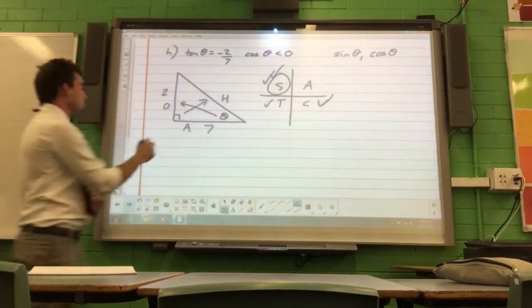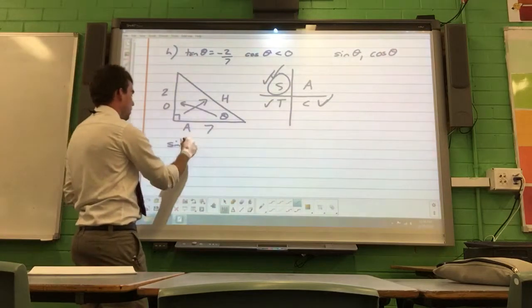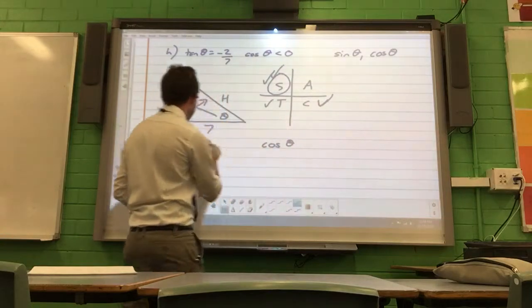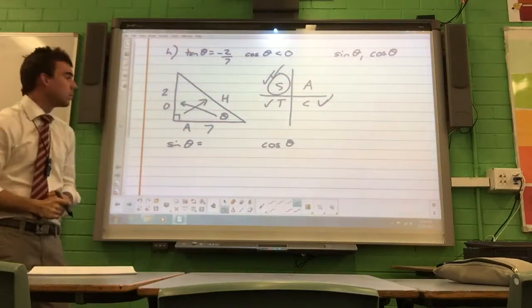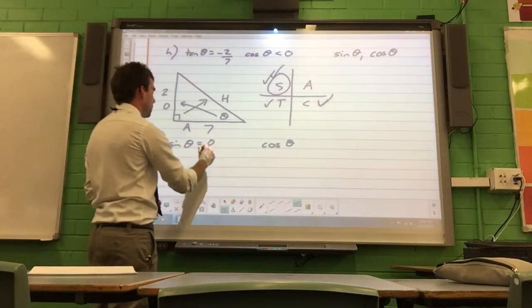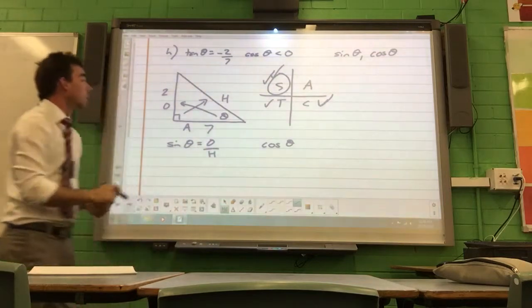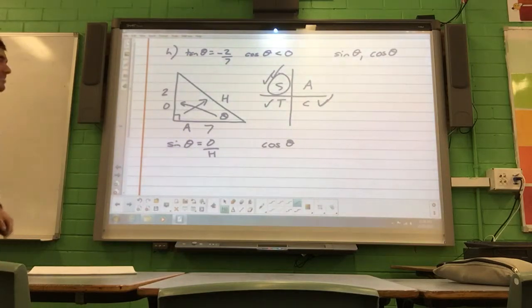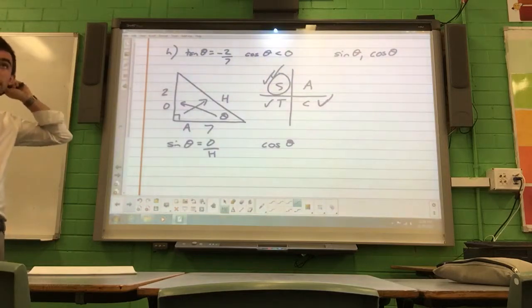Right, so we need to write sine theta, and we also need to write down a value for cos of theta. Sine of theta is opposite over hypotenuse. We have the opposite, we don't have the hypotenuse. Robin, this is the one where you're at. 7 squared, 49, 2 squared, which is 4, square root of 49 plus 4, which is square root of 53.